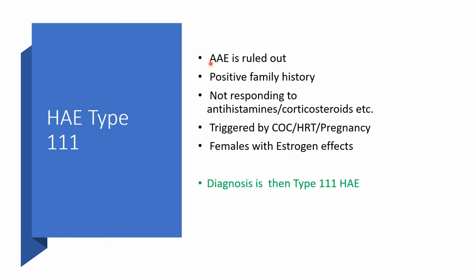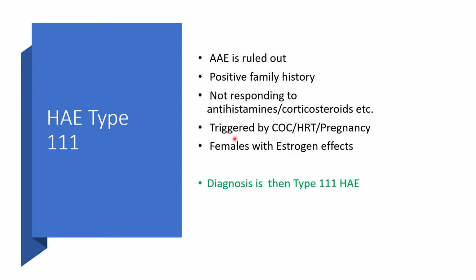Acquired angioedema is already ruled out. There's positive family history, but not in all cases. Not responding to antihistamine or corticosteroids like histaminergic or mast cell mediated angioedema. It's going to fail. You have given everything you are supposed to give because the thing is not an allergic reaction.